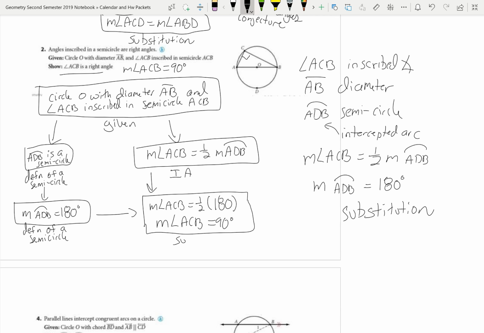So that's going to be substitution, and simplify. And so from there we can say that angle ACB is a right angle, and that's the definition of a right angle.